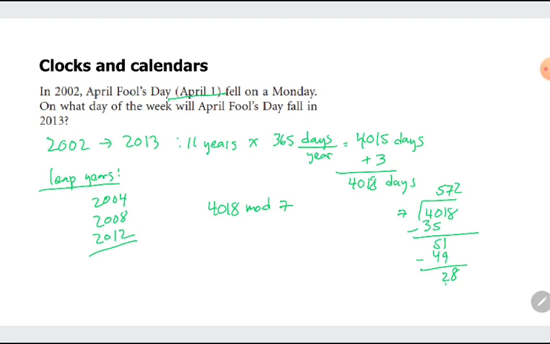No. 7 times 3. No. 7 times 4 is 28. Ayun. Remainder of 0.